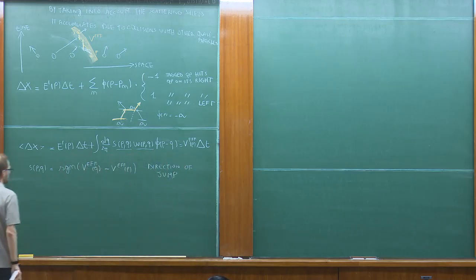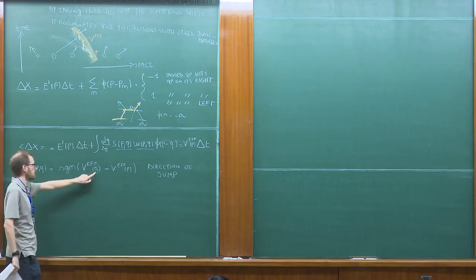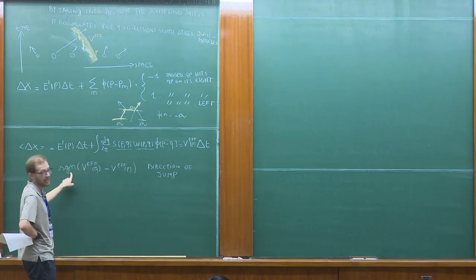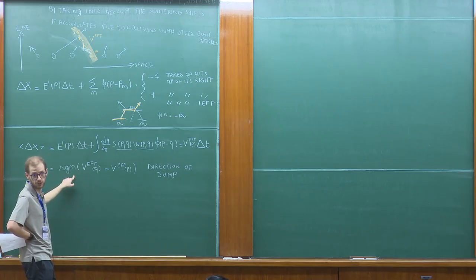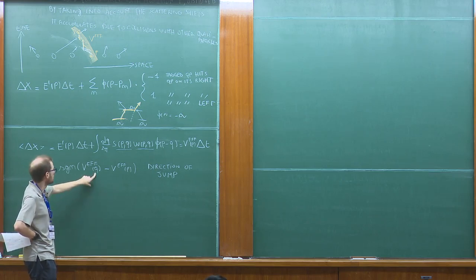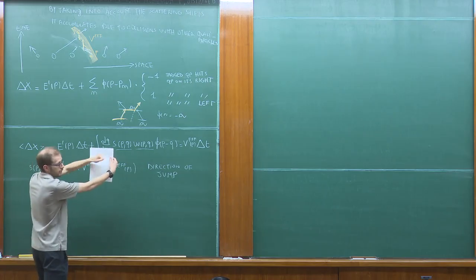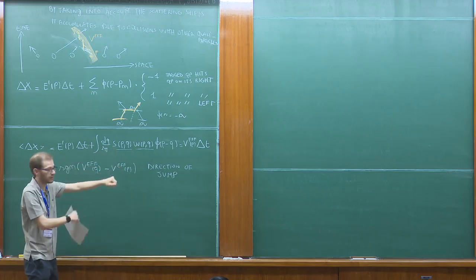So for instance, it tells you that if you collide with a quasi-particle Q, this is the sign function, SGN. So it's +1 when the argument is positive, -1 when it's negative. So if the target quasi-particle P collides with a Q, let's say that the velocity effective of Q is smaller than that of P, so that, for instance, you are colliding with somebody on your right that you reach because you are traveling faster.